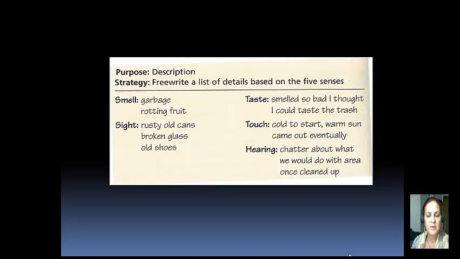The person writing this essay, and these are examples, is writing about a vacant lot and how it affects the community. This first one is a description strategy in which he or she has listed the five senses: sight, smell, taste, touch, hearing. And for each has written down phrases and words that relate to the vacant lot. So that's one strategy for elaboration.